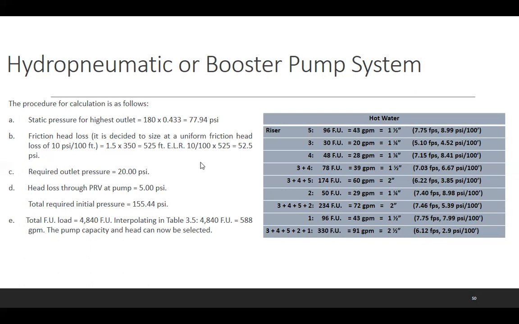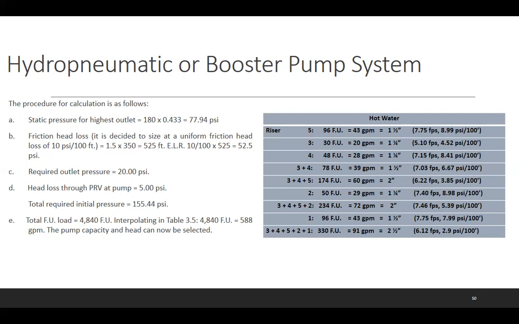Ito, 77.94, add ko muna, plus 52.5 plus 20 plus 5. Tama. 77.94 plus 52.5 plus 20 plus 5 equals 155.44.